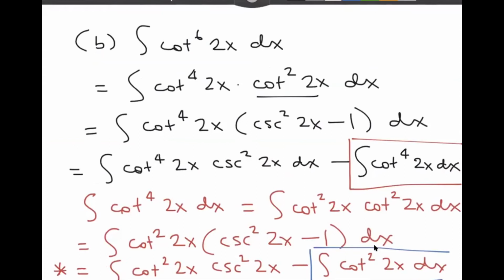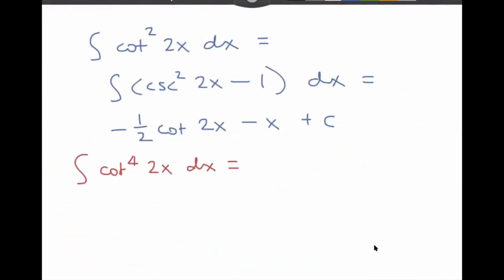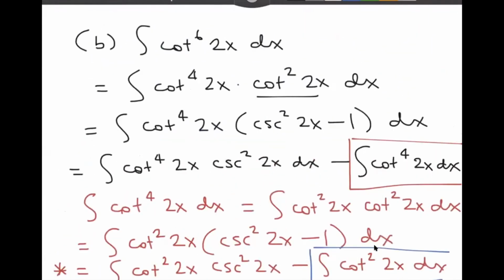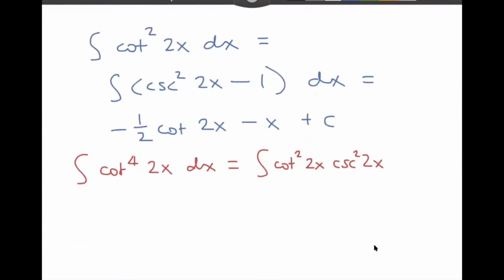That's equal to the integral of cotangent squared 2x cosecant squared 2x. And then I think we just evaluated that, that's the blue integral there, and the value of the blue integral is, remember it has a minus in front of it, negative 1/2 cotangent 2x minus x. And we'll clean that up in just a second.